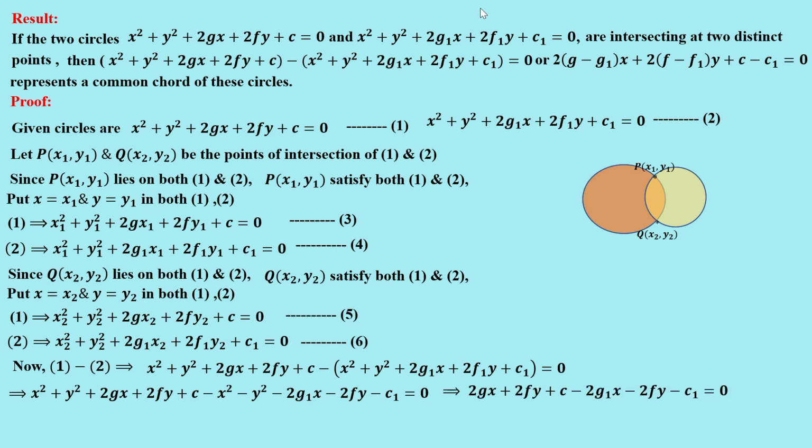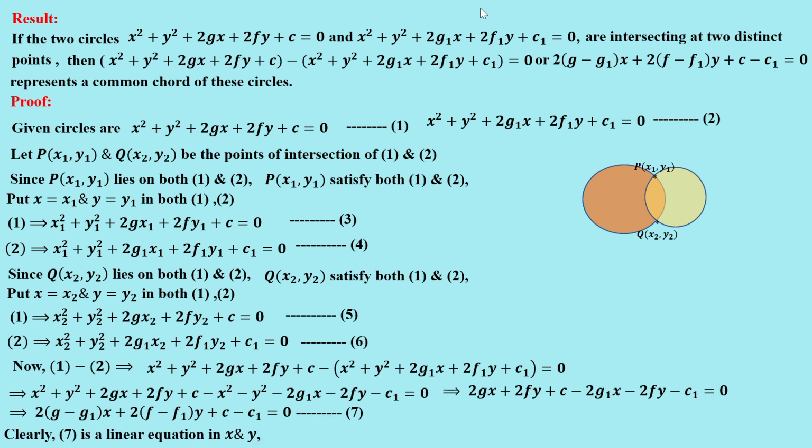So the remaining terms: 2gx + 2fy + c − 2g1x − 2f1y − c1 = 0. Grouping the x term with 2 common, (g − g1)x, plus 2 common in the y term, (f − f1)y, plus (c − c1) = 0. That is equation number 7.